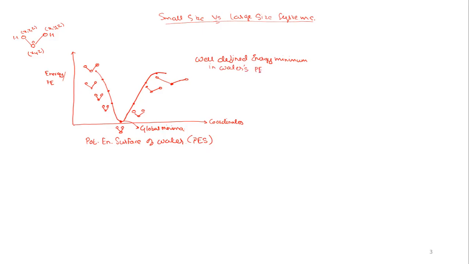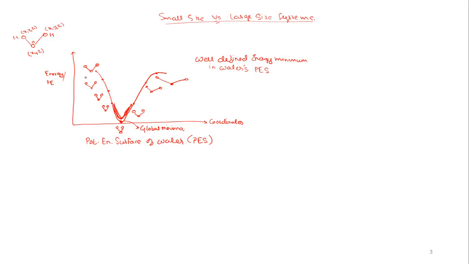What we can say is that there is a well defined energy minimum in water's potential energy surface. In other words, most of the time when our water molecule is observed, it will have a conformation that lies around this particular region of the potential energy surface, especially around the global minima.